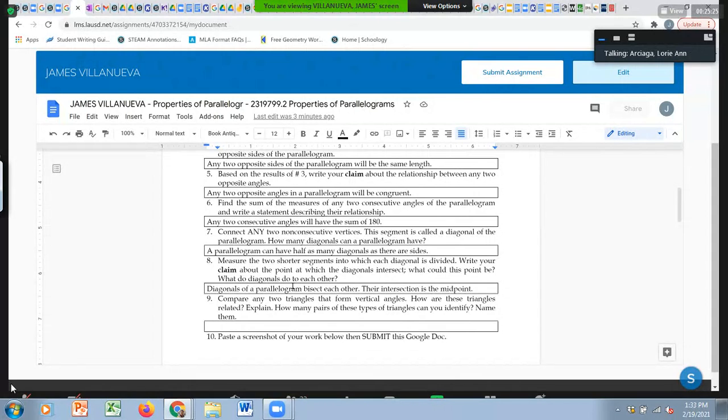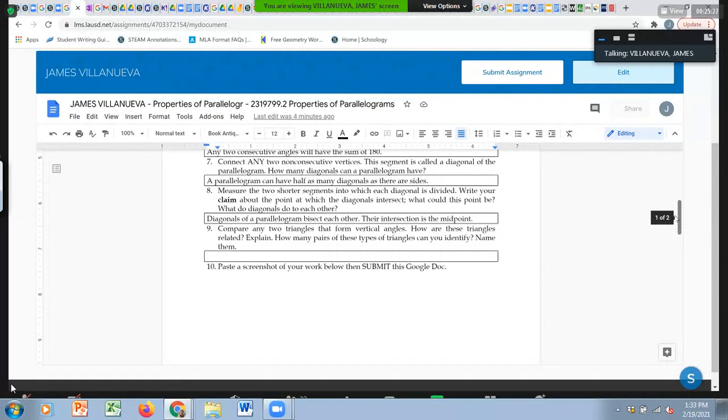It was done, I think, for everybody. Yeah, I forgot to erase it. Okay, now for number 8, diagonals of the parallelogram bisect each other. Were you able to show that on your sketch pad or GeoGebra? Can you show your sketch, honey, if you don't mind? The GeoGebra?